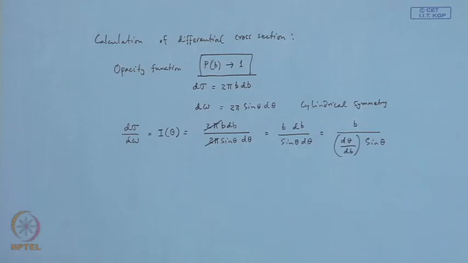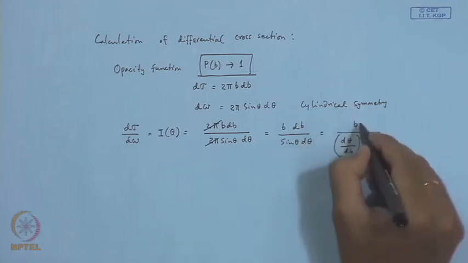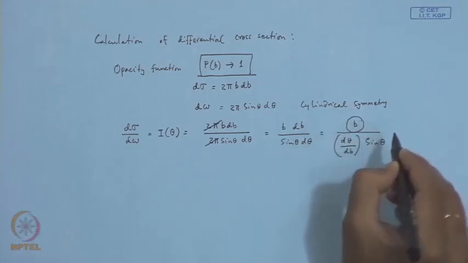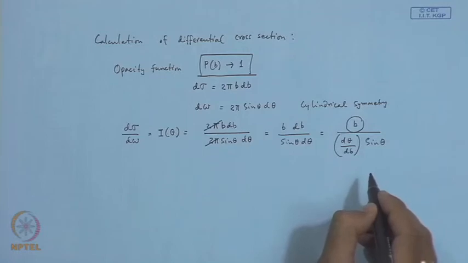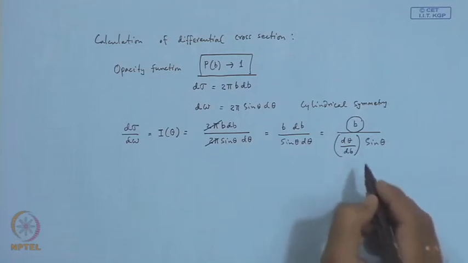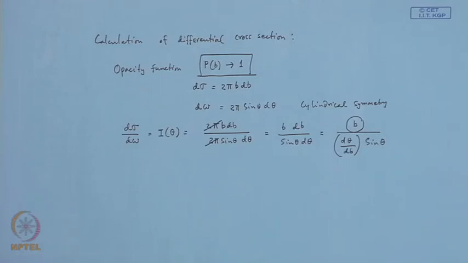Now, the next question is, the value of b may not be unique, maybe more than one value of b may contribute to the same scattering angle. So, in that case, what we have to do?